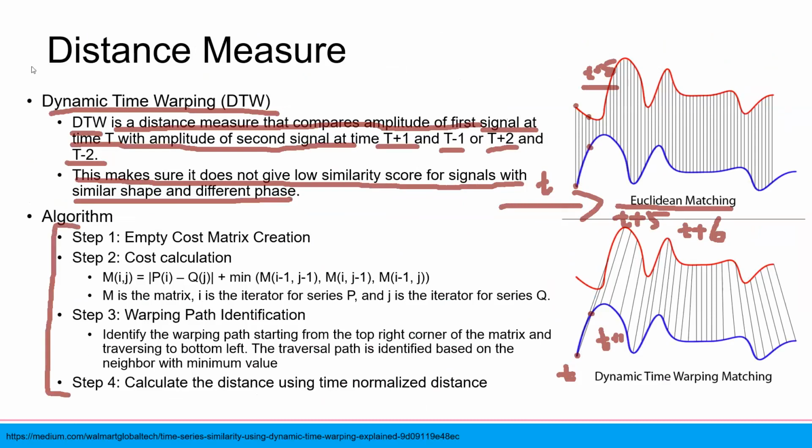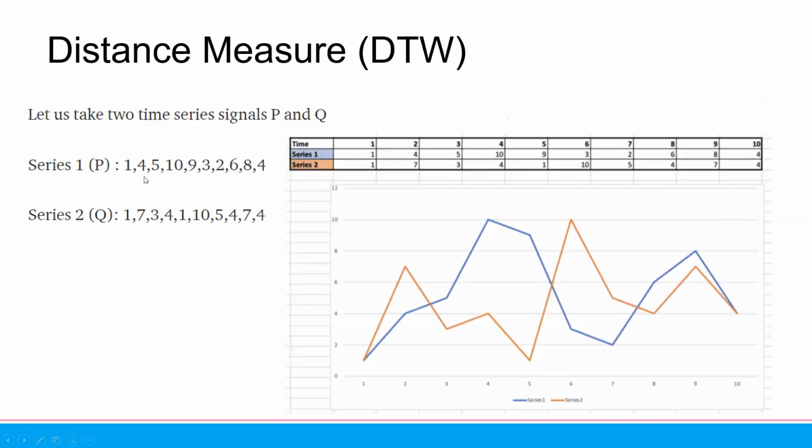This is the algorithm. Let's say I have two signals, P and Q. Maybe I can say this is the stock price of a company S, and this is the stock price of a company A. The stock price of S is 1, 4, 5, 10, 9, 3, 2, 6, 8, 4.